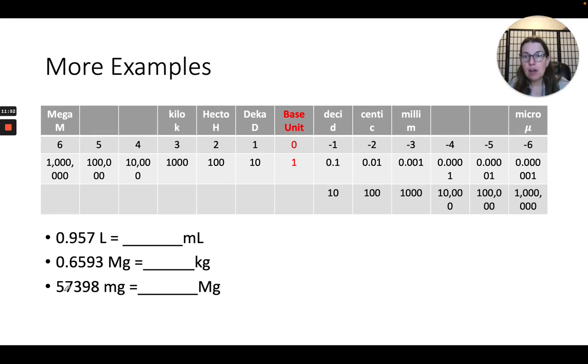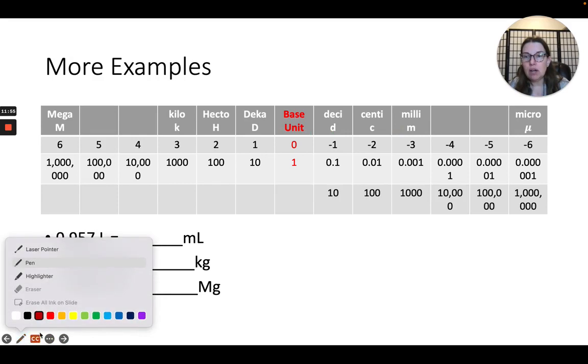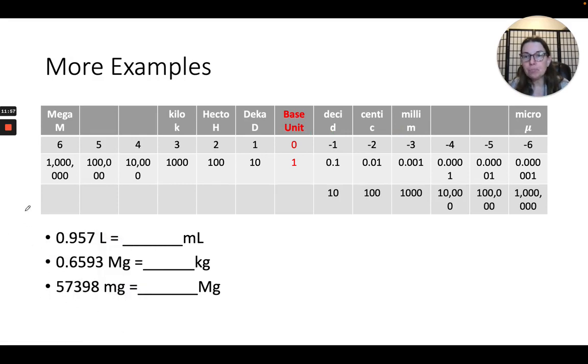Here's a couple more examples. So now I'm switching up the base unit on you guys. 0.957 liters, which is a base unit, equals however many milliliters. So I'm going to go from base unit to milli. So I'm going to start at the base unit. I'm going to go 1, 2, 3 to the right. And that's what I'm going to do with the decimal point.